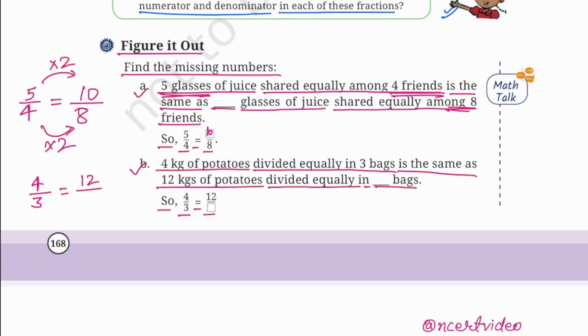So 12 kg potatoes, that is 3 times of 4, will be divided in 9 bags. So you have to write 9 here.